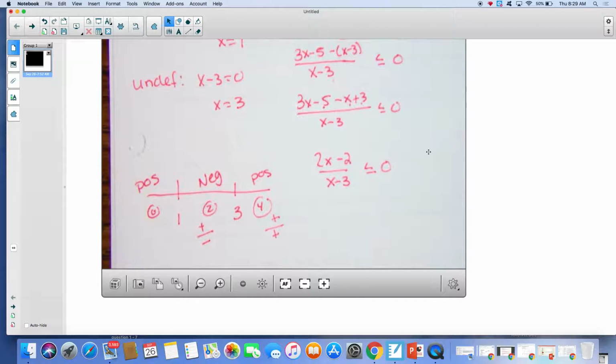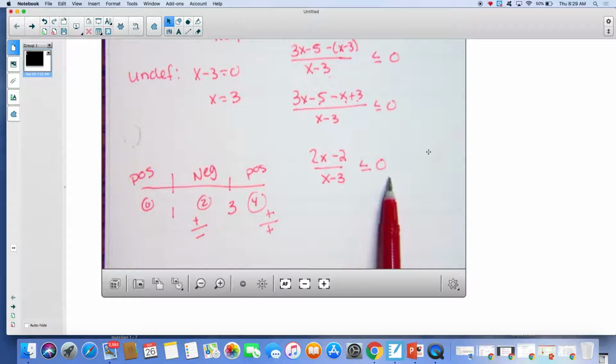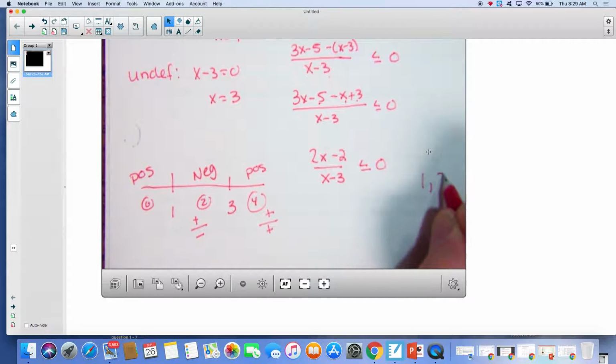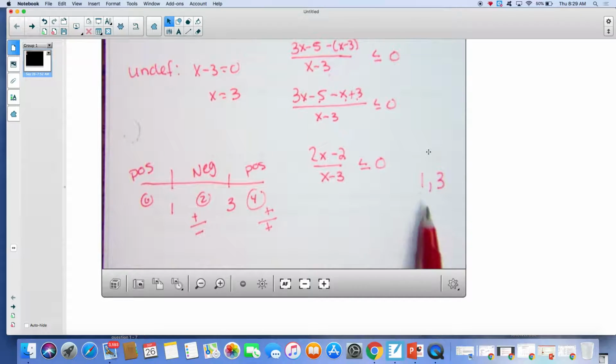So we want to know, when will this fraction be less than or equal to 0? It's when it's what? Negative. So where is it negative? Between 1 and 3. Equal to, so which one or both of these intervals do I include? Do we include the 1? Yes. Do I include the 3?